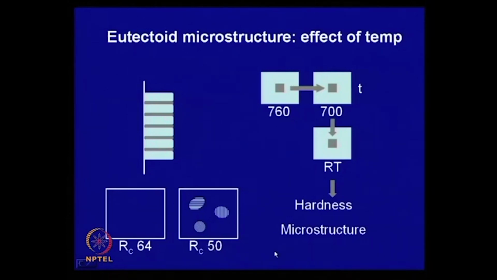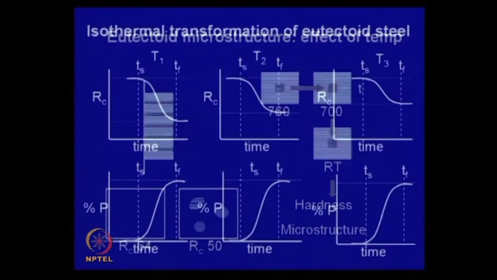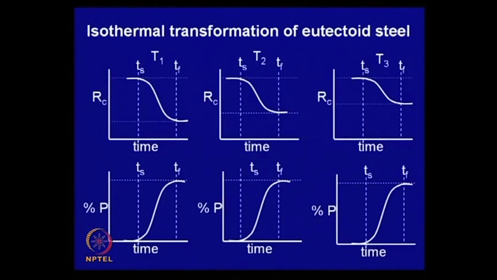And if one does this type of experiment and then looks at the data, you can prepare a table or make a plot. Let us say, at a particular temperature, suppose the intermediate bath has temperature T1.